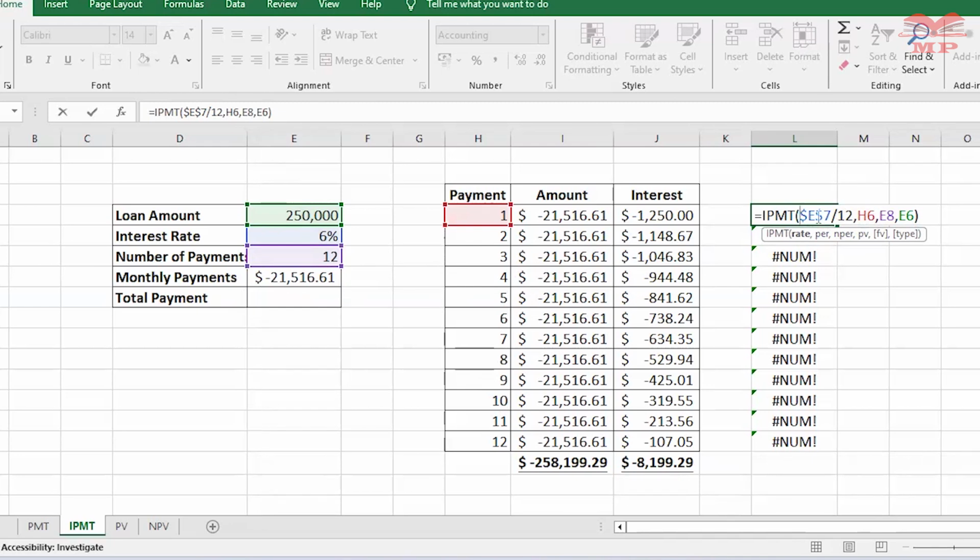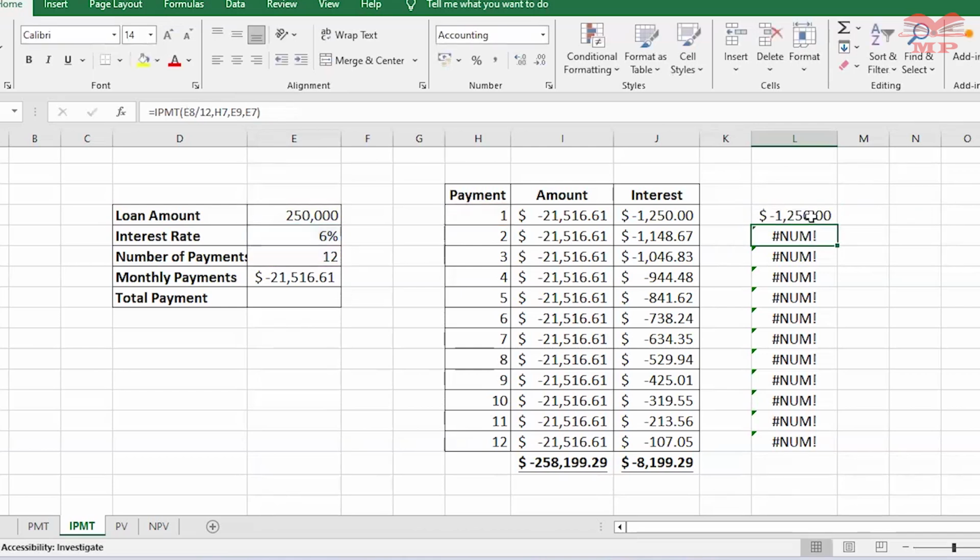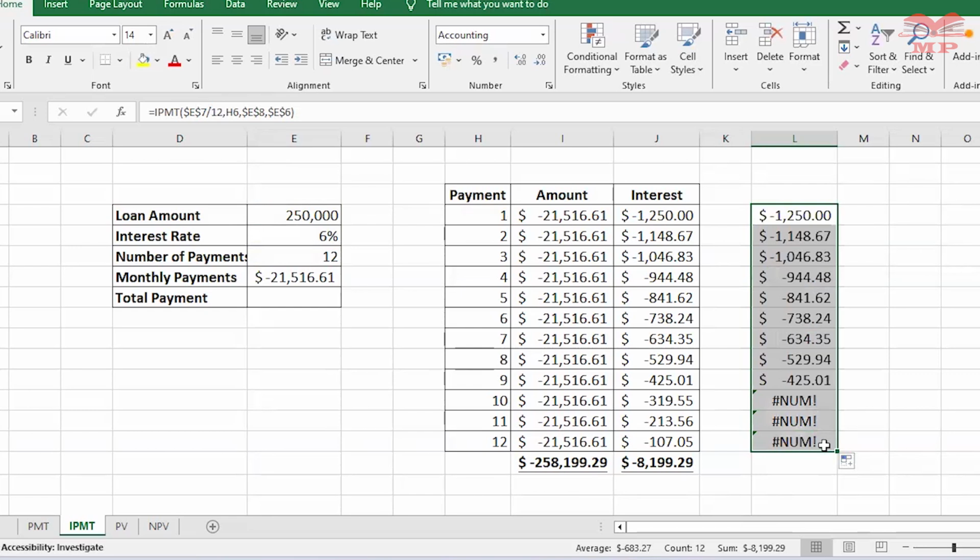So this is changing, this is changing. I want E8, this figure, to remain fixed. So I'll press function F4. And the loan amount also should remain fixed. Then I press function F4 and press enter. Then it will work as it should.